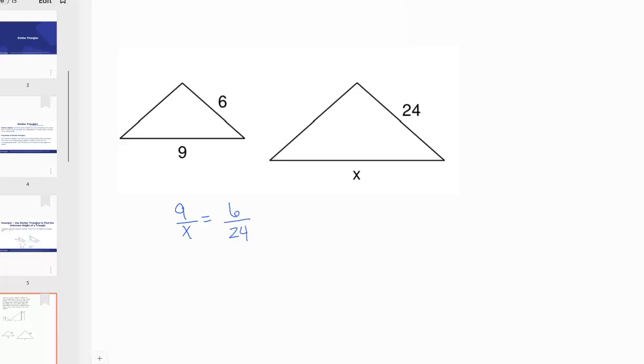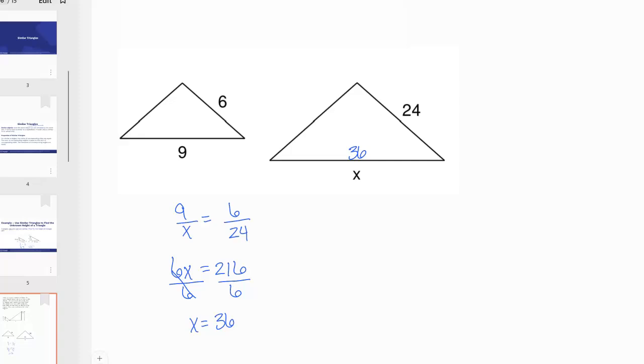And then we're going to multiply. 6 times x is 6x, and 9 times 24 is 216. To solve, I'm going to divide by 6. So x is 216 divided by 6, which is 36. So we would expect this measure to be 36.